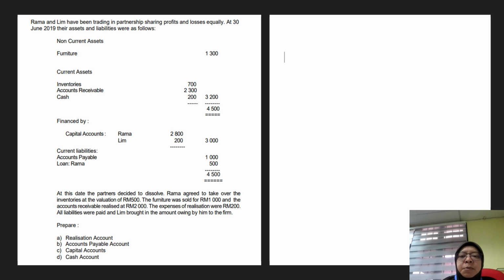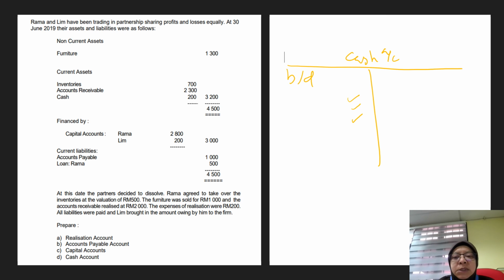So here, suppose we prepared our cash account. We already put the opening balance. We already considered any cash being sold. We already considered the cash collection from receivables. And then on the credit side, how much we pay to our payables or liabilities, how much is the expenses on dissolution, and the last one is how much we need to pay to refund our partners.